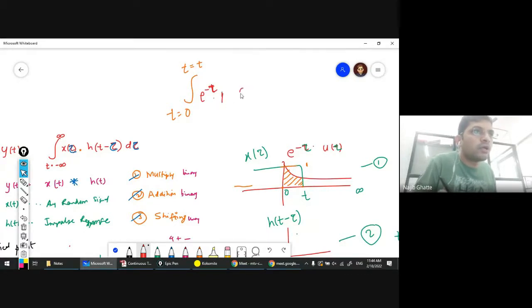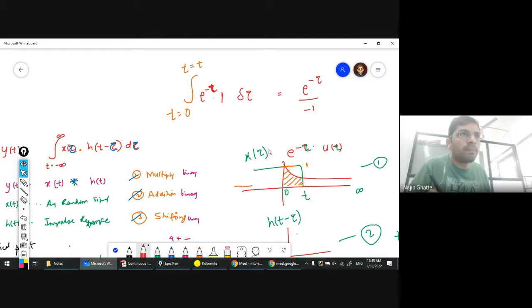And then you have to perform integration with reference to tau. What will be the answer for this? e raised to minus of tau, and minus 1 will come over here. I hope you all agree to this. Yes or no?